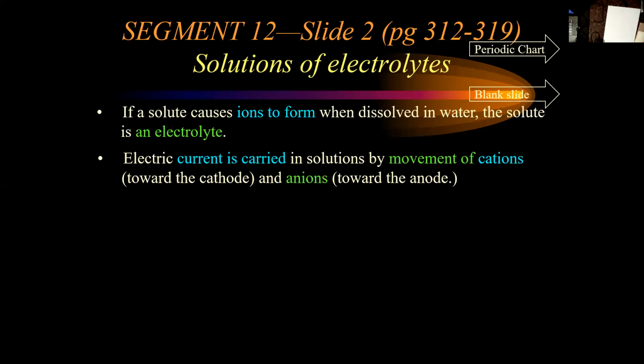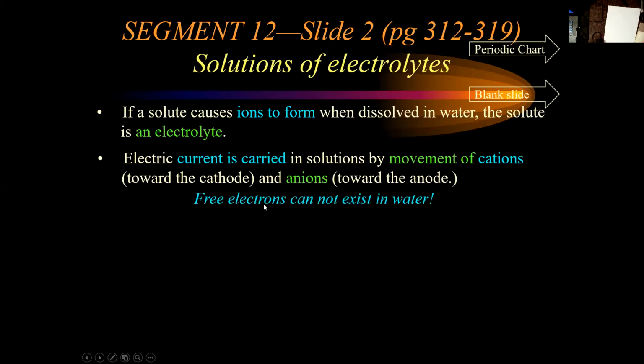Cations and cathode and anions and anode. But we're going to modify that definition a little bit later on, because sometimes the sign of the cathode might not be what we think it is. And we'll talk about that when we get to electrochemistry in Gen Chem 2.